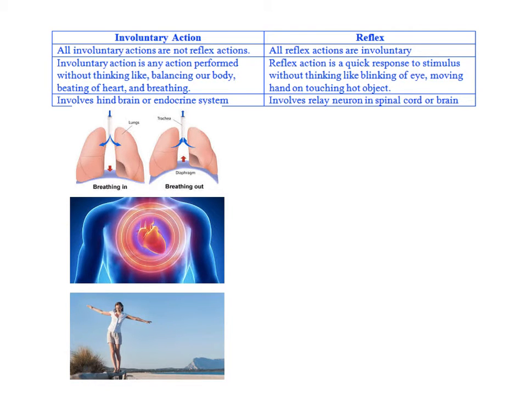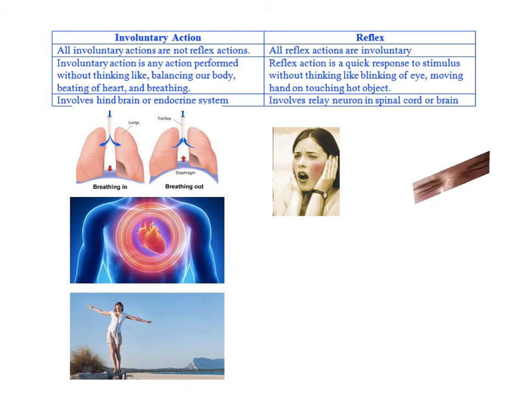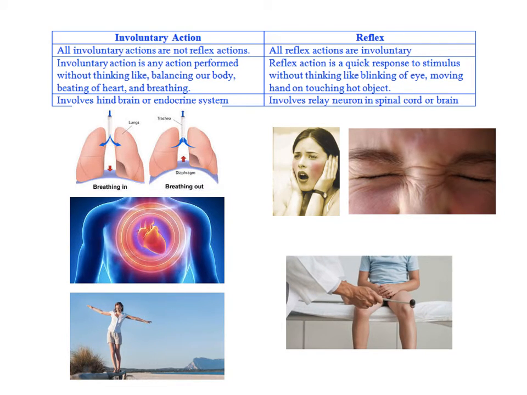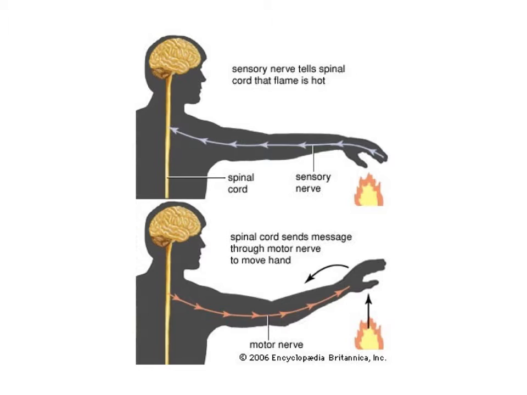And reflexes are always involuntary, but are quick responses to a stimulus. For example, you don't think it and you close your eyes very quickly if something is very near your eyes and you feel in danger, or when the doctor is kicking your knee and it reacts, you lift it, okay? This is a very clear example of a reflex.